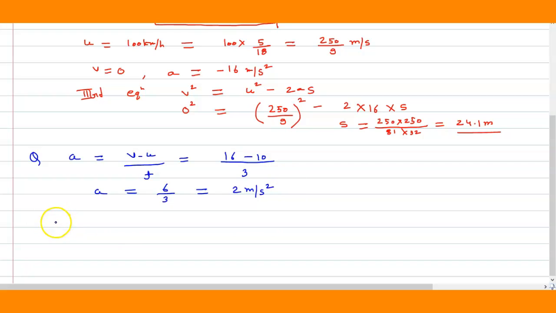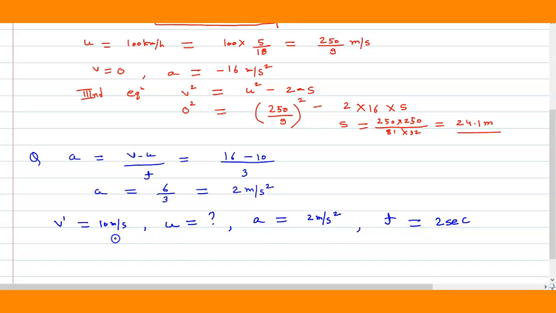It means we want to calculate u, where v dash is given as 10 meter per second, with the same acceleration 2 meter per second square. And how much time? After 2 seconds. According to the question, t is equal to 2 seconds.